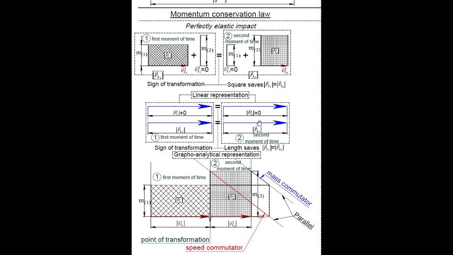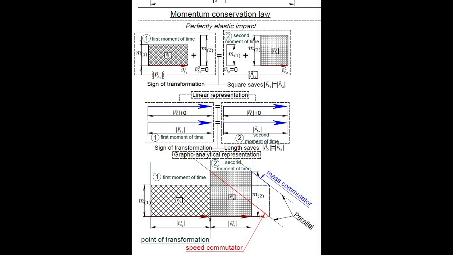It is from the momentum conservation law. The difference is only the moment of time. It is worthwhile to consider that the transition from one to another happens in an infinitesimal moment of time. It is the point of transformation, or sign of equality. It is good looking from the linear representation.